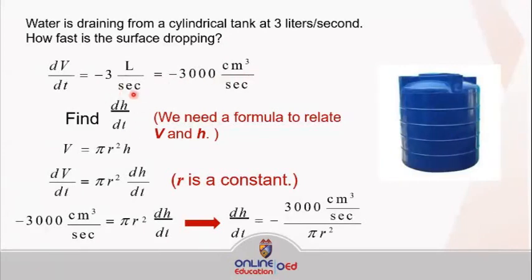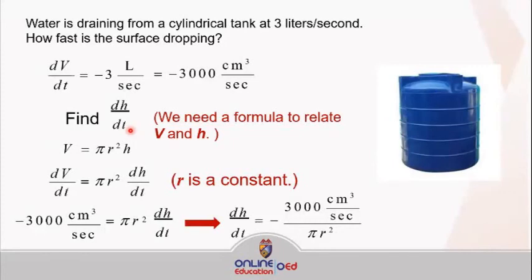And this is what we are looking for, which is dH over dt, so we need a formula to relate our V, which is the volume, and also our height, given our cylindrical tank. Again, it's just an application of the formula for the cylinder.